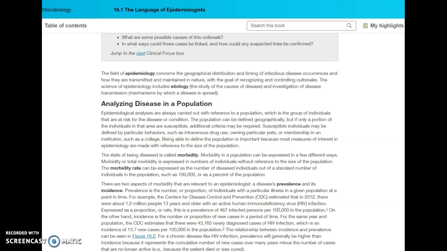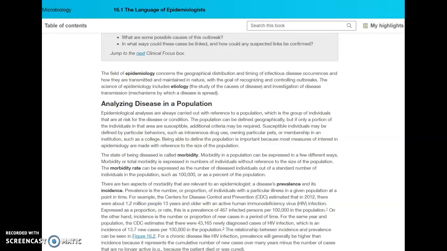So when we look at analyses, we're looking at how the disease is in a population. So we're always referencing a specific population of individuals. The state of being diseased is called morbidity. And so the morbidity rate is the number of diseased individuals within a standard number of population.